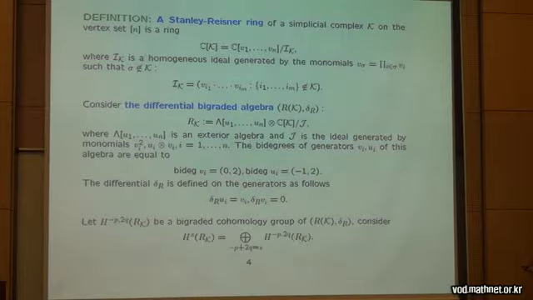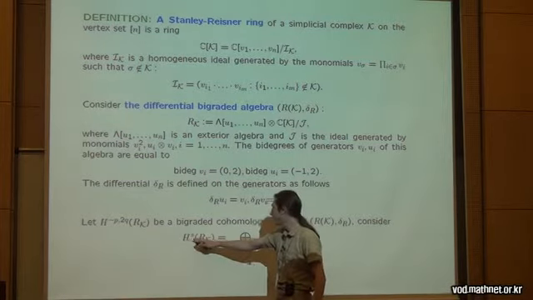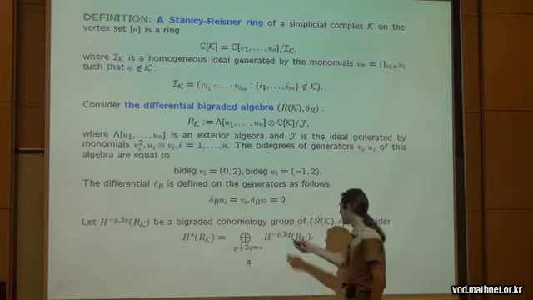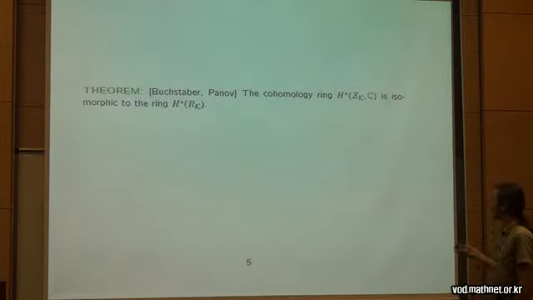So we can define a bigraded cohomology of this algebra. Here it is, and the full-degree cohomology is given in this way. Okay, and this is the result of Buchstaber and Panov: the cohomology ring of the moment-angle complex is isomorphic to the cohomology ring of this algebra. Actually, they prove it for integer coefficients, but for simplicity of notation, in my talk I will use complex coefficients.